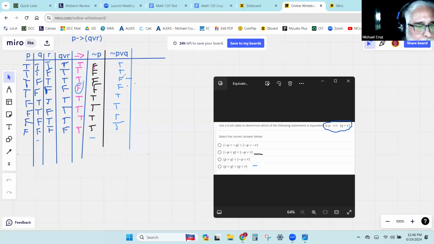So this one is the one, for some reason, not P. So not P is false, false, false, false. So you got the same thing. You got that F right there, the third one.